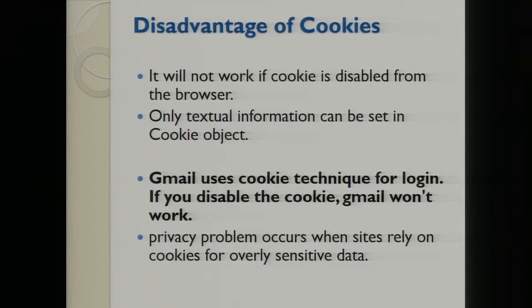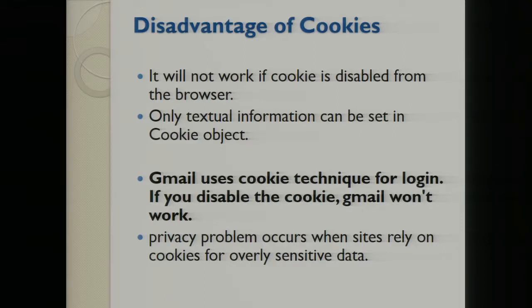Another disadvantage is that only textual information can be set in the cookie object. The cookie is only going to store textual information. It will not store any other type of format except text.